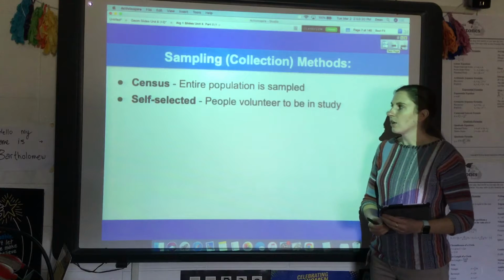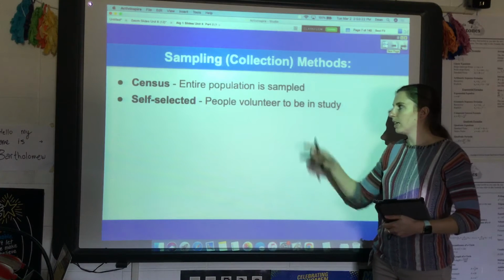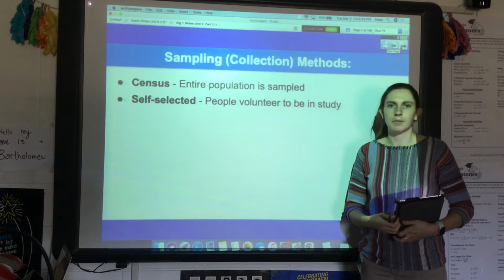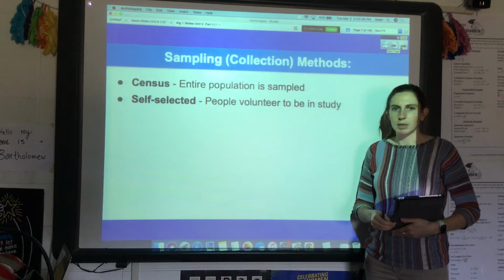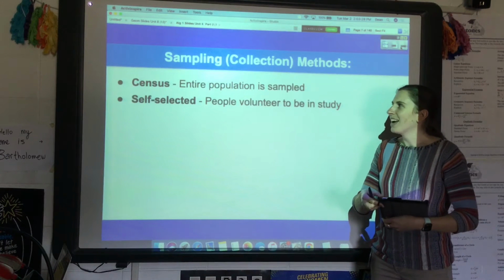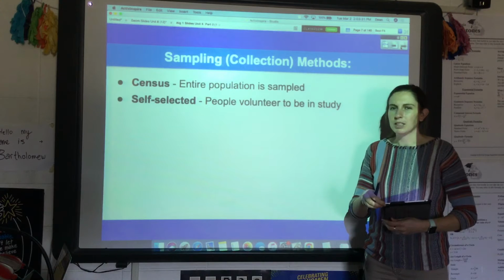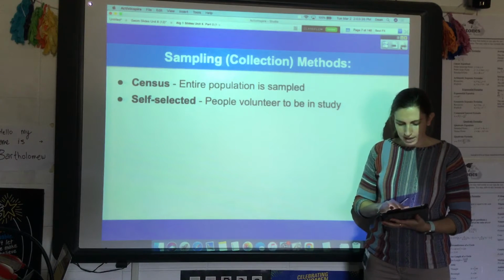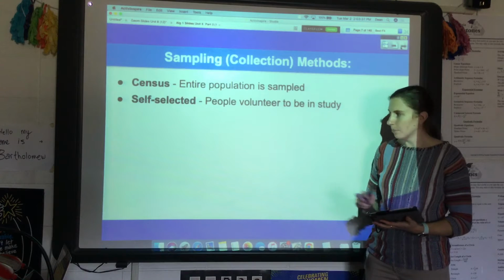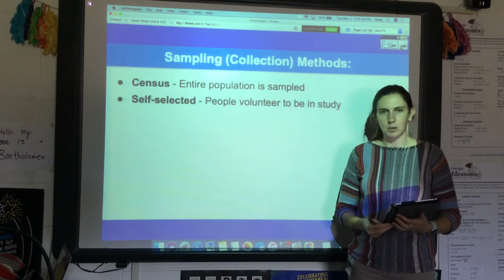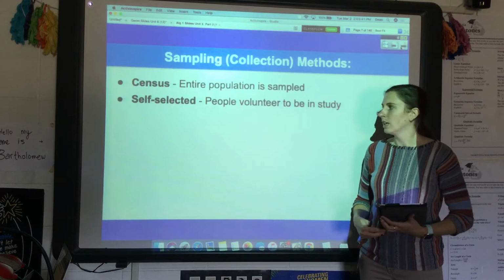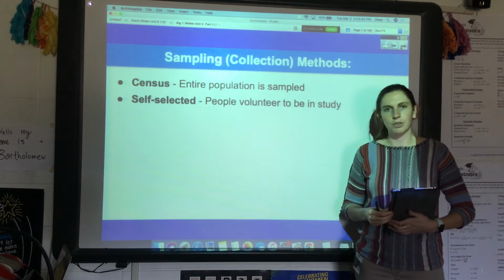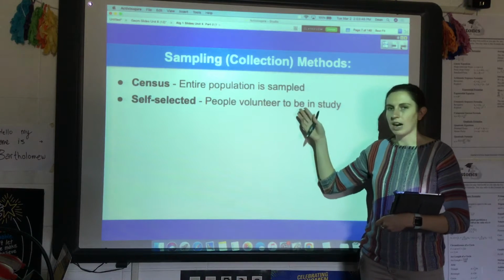The next one is self-selected. Self-selected is when people volunteer to be in your study, which is nice because they want to be there. But the problem with self-selected is it usually has some bias involved. For example, a lot of times this is the way we do medical studies, because we can't just force people to try new medicine.